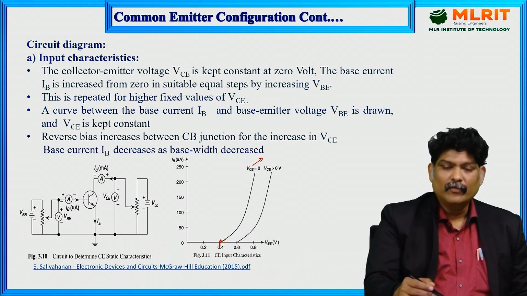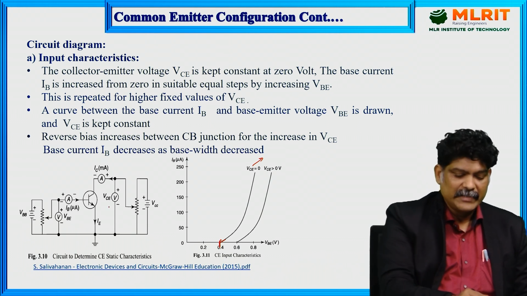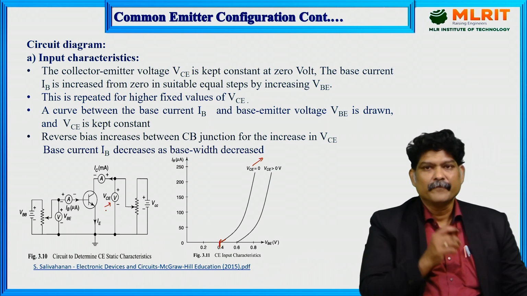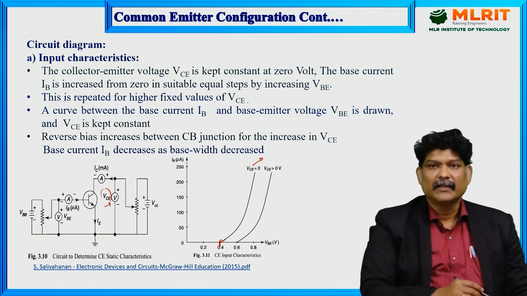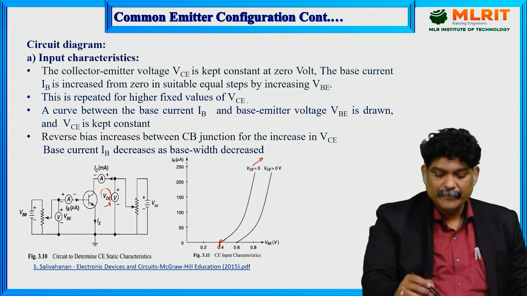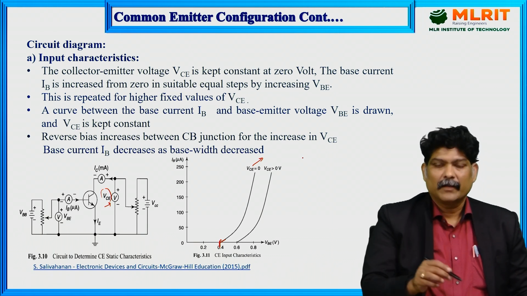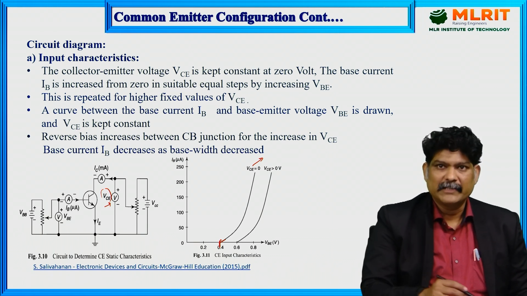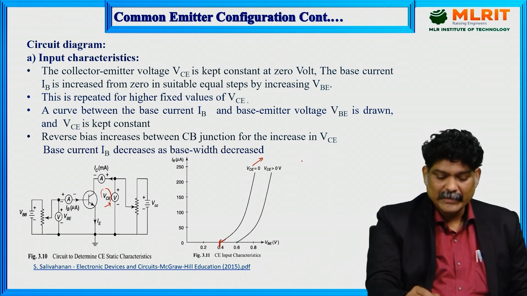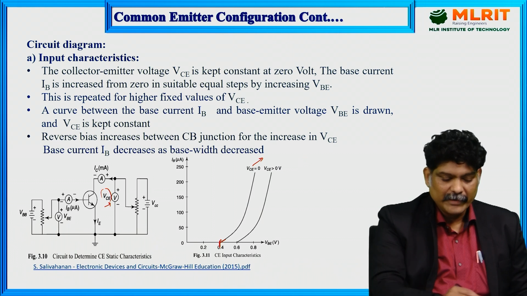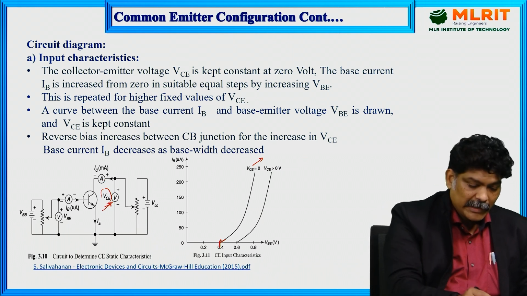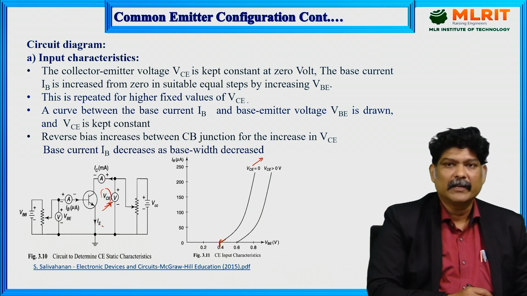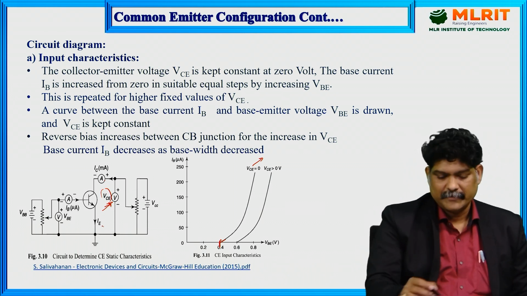Now let us increase VCE, this reverse bias voltage. If we increase this reverse bias voltage further, what happens? There is a concept called early effect or base width modulation. If you increase this reverse bias voltage, the base width between collector and emitter increases like this.